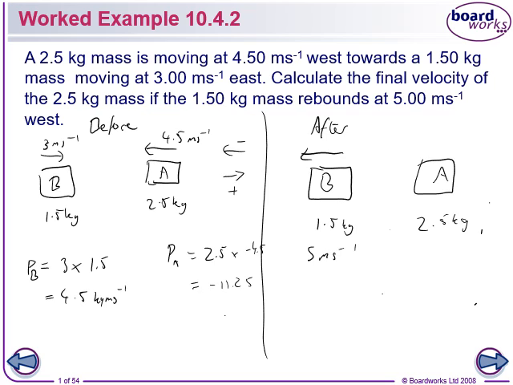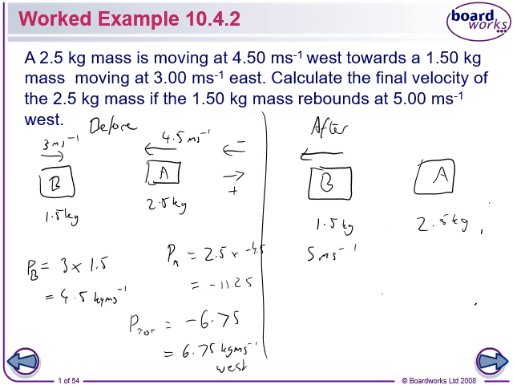If we add those together, we get our total momentum before the collision is negative 6.75, which means 6.75 kilogram meters per second in the negative direction, west.